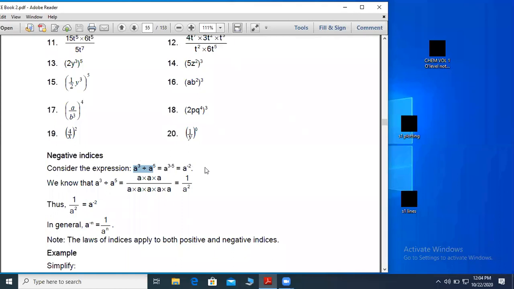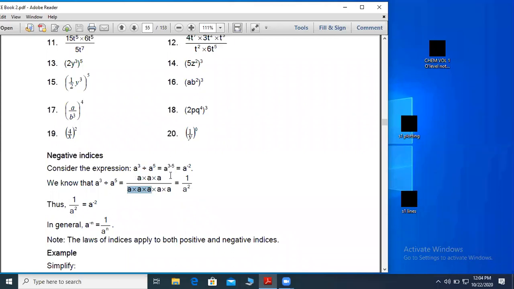a power negative 2. Now, alternatively, we know that a power 3 is the same as a times a times a, out of a power 5, which is a times a times a times a times a. So what do we remain with? The 3 a's on the numerator cancel with 3 a's on the denominator.